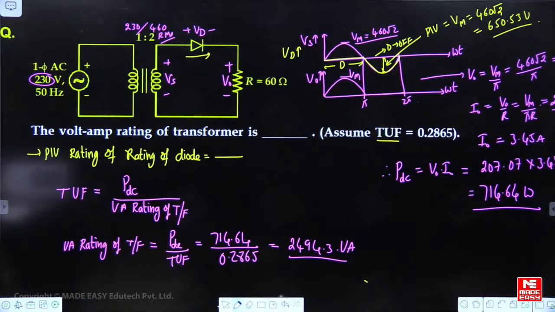Peak inverse voltage rating means the maximum negative voltage that appears across the diode when it is in the off state. Okay students, the concept is clear.